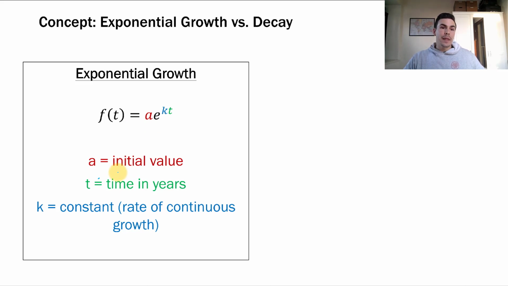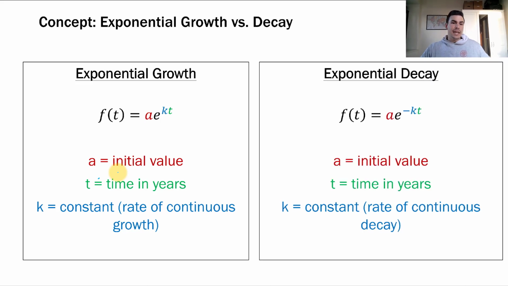This is very useful for populations, for atoms, molecules, things like that. And then we have exponential decay. t again is time, in years, and k is going to be this constant here. The only difference between exponential decay and growth is that we have this negative value in our exponent. We still have a e to the negative kt, and then for growth we have a e to the kt.